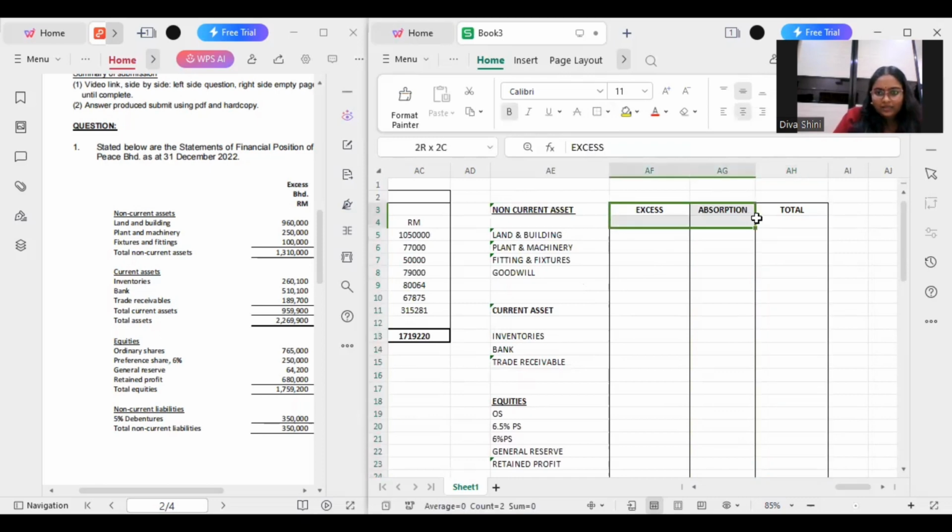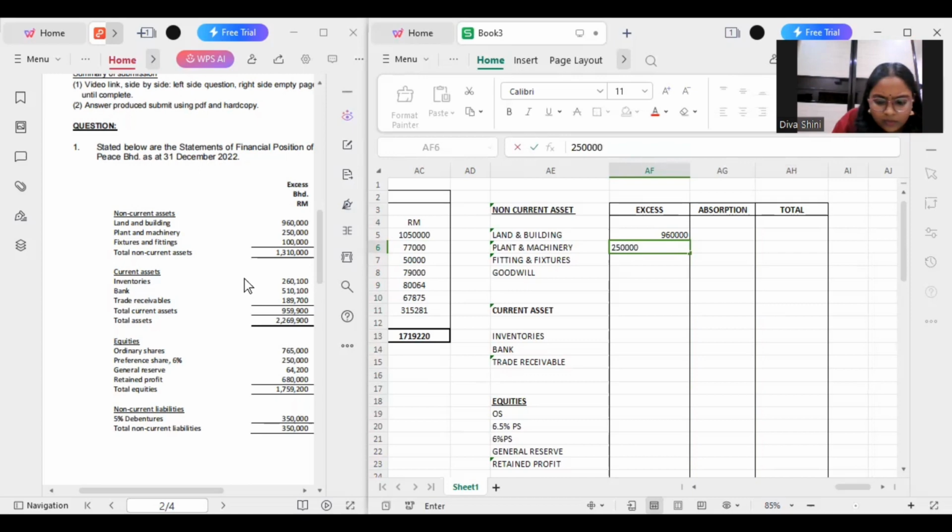So for the excess, we need to take it from the question. So the land and building for the excess is 960,000. Land and machinery 250,100,000.